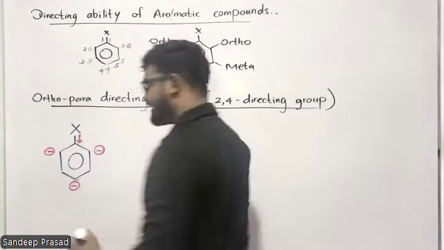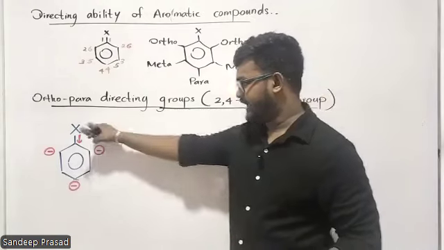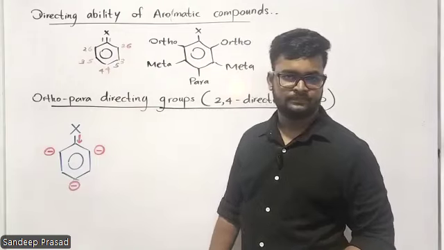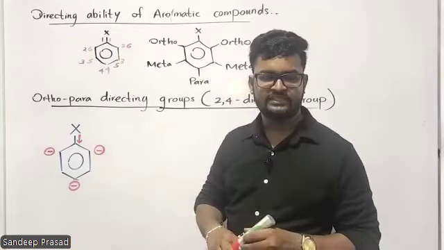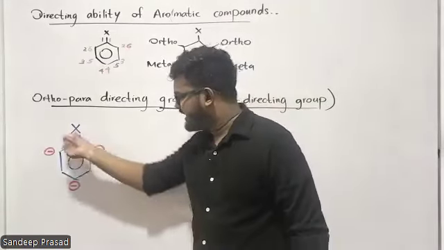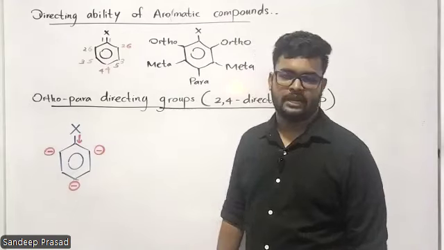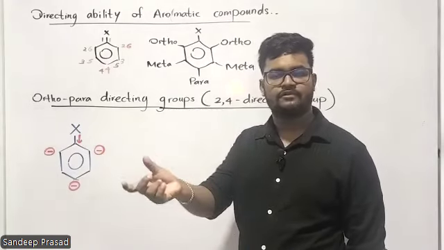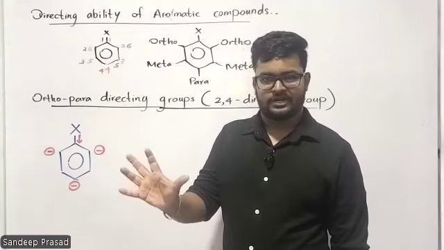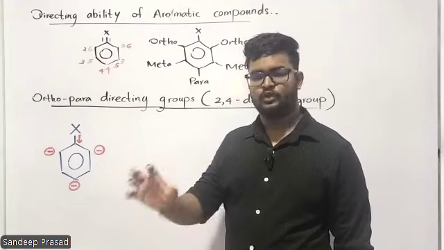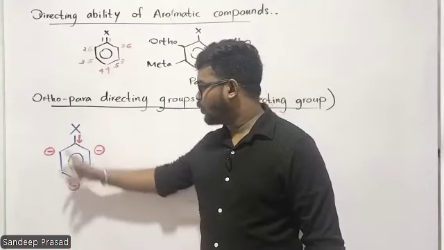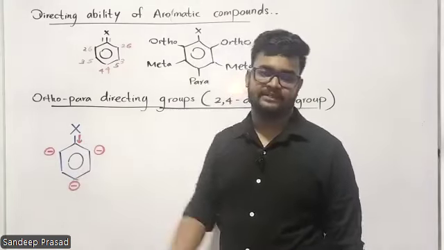So it is activating the ortho and para positions of the benzene ring. Activating means they are giving the negative charges to these ortho and para positions. I'll explain that using the resonance of the compounds, with ortho-para directing groups like OH, NH2, phenol, and aniline.